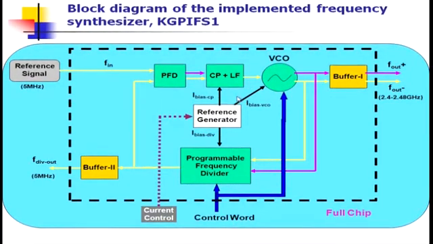Because I said that when it is up count or down count, then you find the top transistor is on, and that is charging my capacitor, and when it is down, that is the phase is lagging, then the lower transistor is on, and the capacitor is discharged through this path.